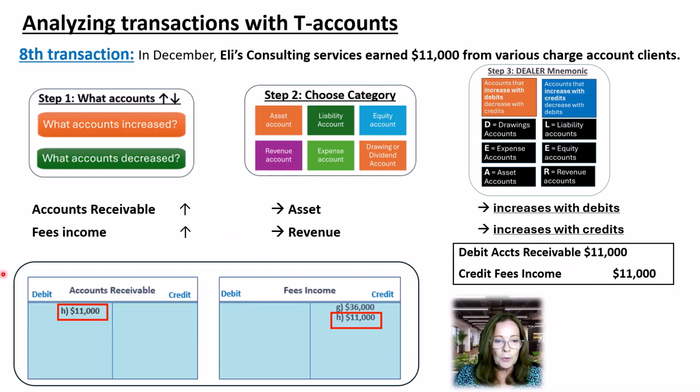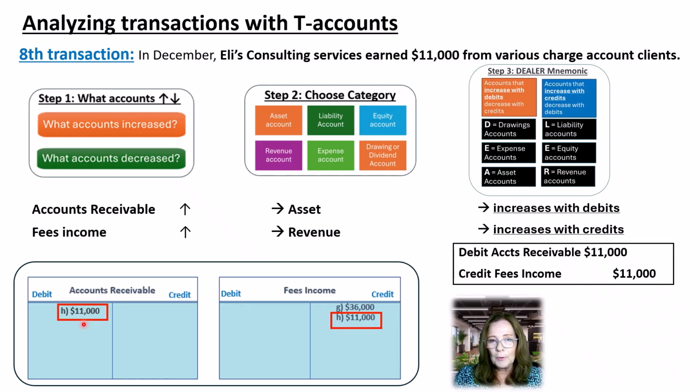Next, we enter the transaction into the T accounts, and we create a new T account for accounts receivable with debits on the left and credits on the right, and write the transaction letter H and the amount of $11,000 into the debit column of the accounts receivable account because we determined in step 3 that we would debit accounts receivable.